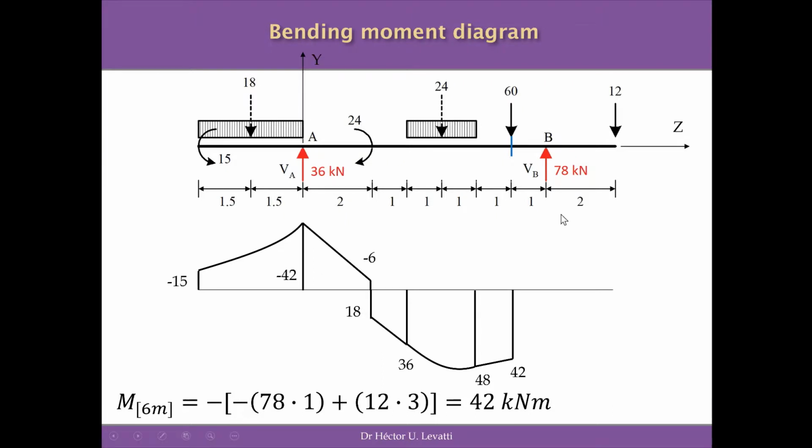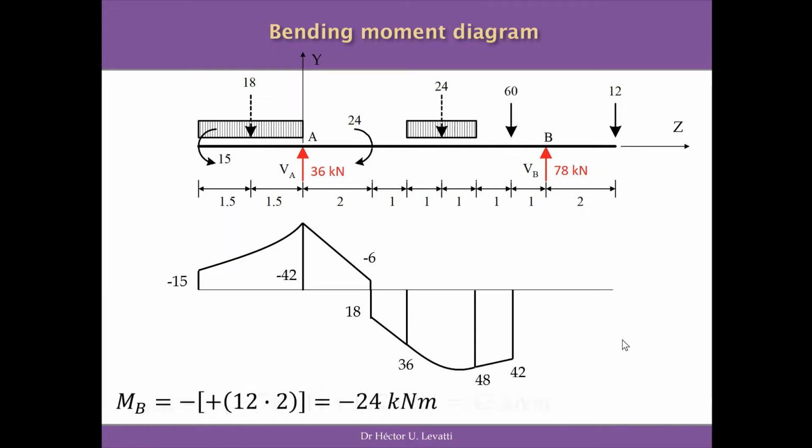I will open a bracket, and what we have to the right is 78 times 1 meter, negative because it's anti-clockwise, plus 12 times 3 meters, the moment produced by 12 kilonewton to the right side of the structure around this cross-section in blue. And the result is 42 kilonewton per meter that is sketched in here. And again, the distribution between these two forces will be linear because this is what happens in bending moment diagrams when you are between forces.